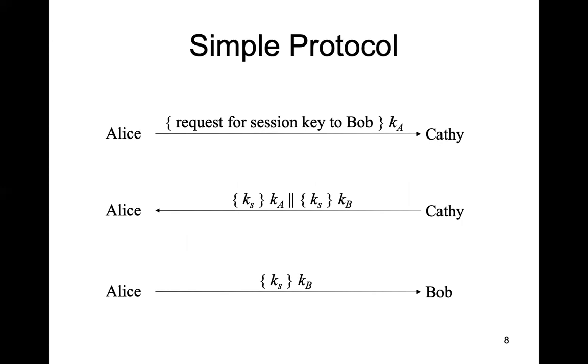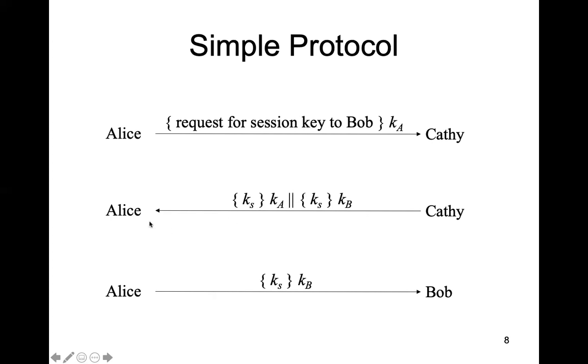Now Kathy has this key KA, so she can decrypt it. She sends back to Alice the following information: she generates a random number KS and sends it back encrypted with KA, and she also sends the same key KS encrypted with KB. These two parts are concatenated.